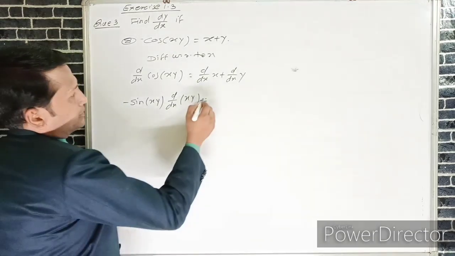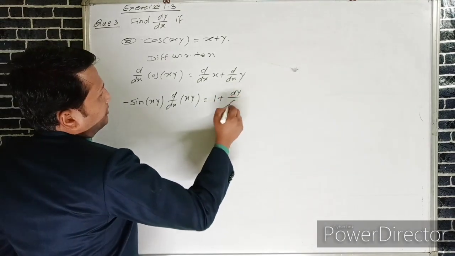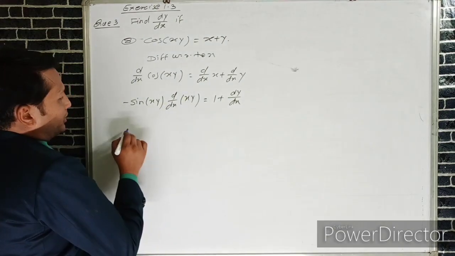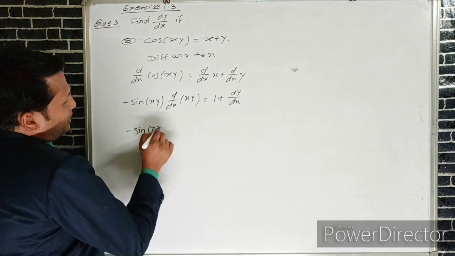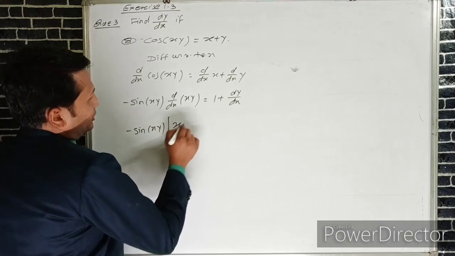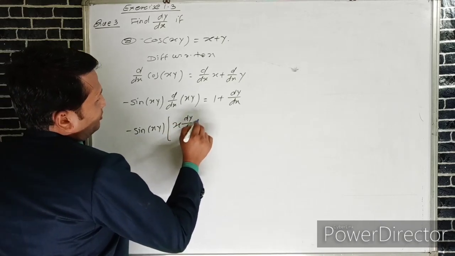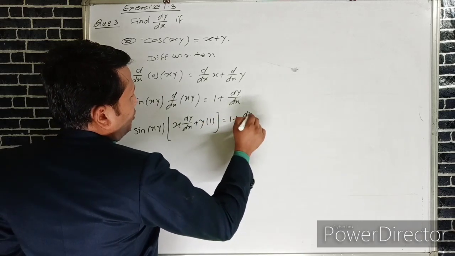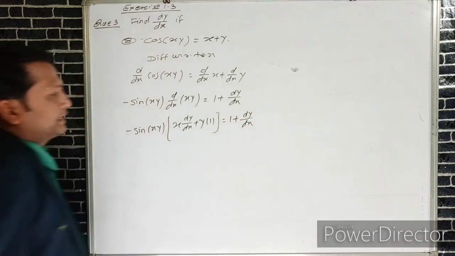Here derivative of x is 1 and derivative of y is dy by dx. Here we can apply derivative of u into v: minus sin of xy into x into dy by dx plus y into derivative of x, which is 1, is equal to 1 plus dy upon dx.